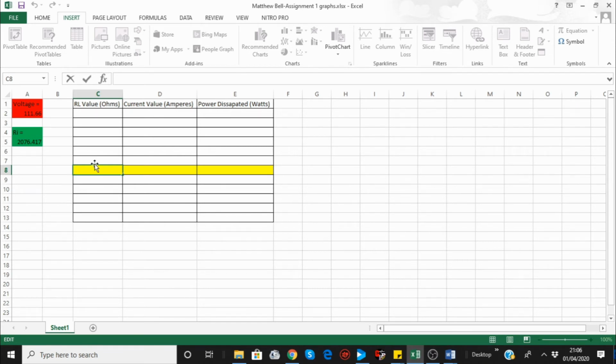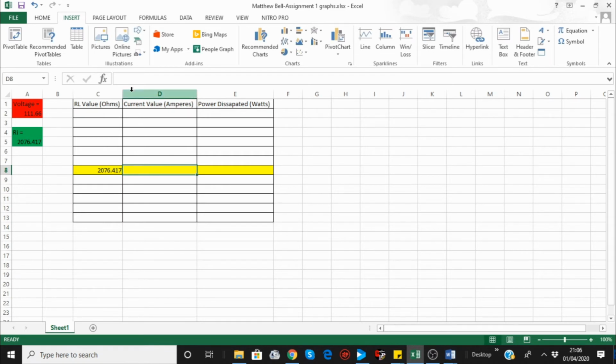What we're saying is that when RL equals RI, the maximum power occurs. So I'm going to put the same value as RI, 2076.417.